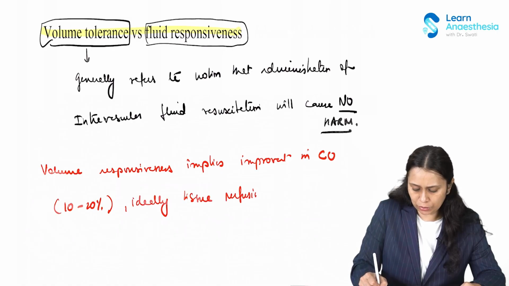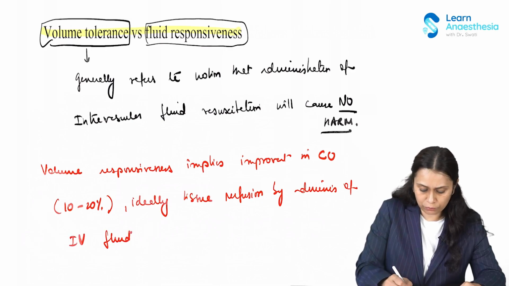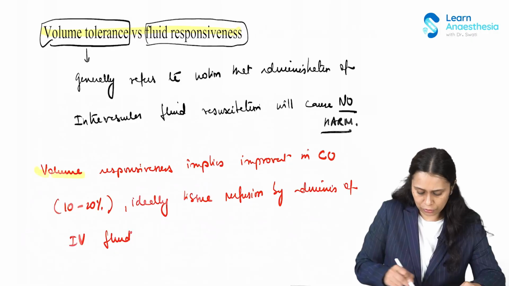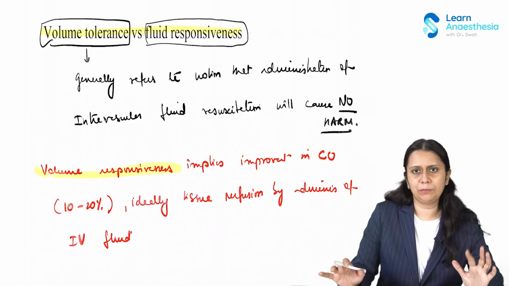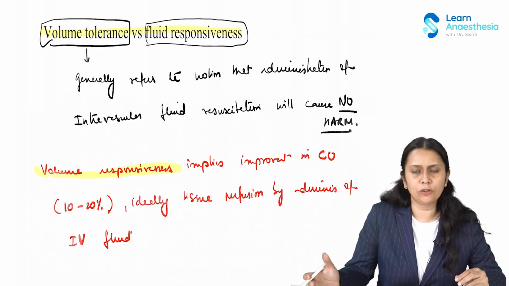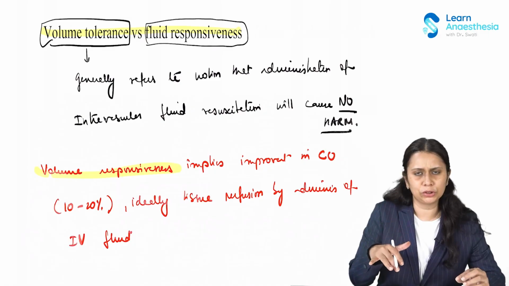So improvement of cardiac output and tissue perfusion by administration of intravascular fluid is called volume responsiveness, right? And volume tolerance is that the patient can tolerate intravascular volume without much harm happening to them. So we need to understand these two terms, okay?